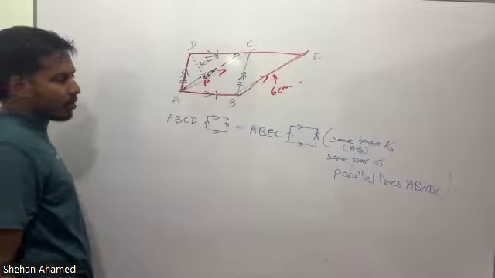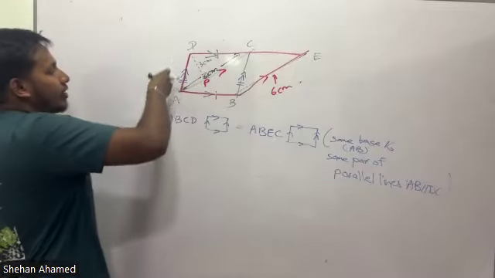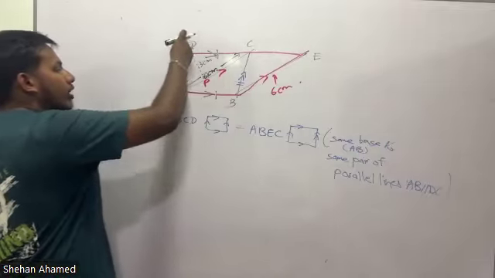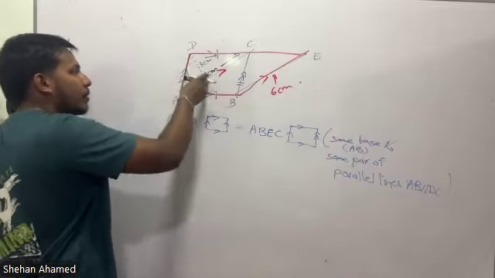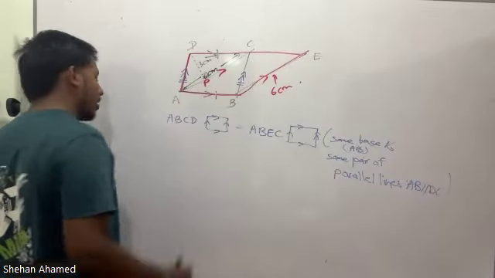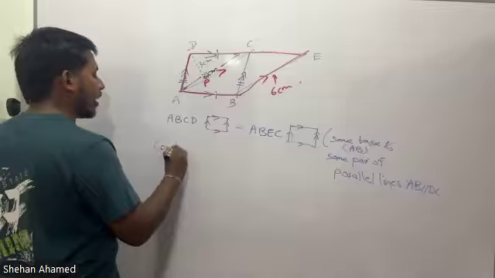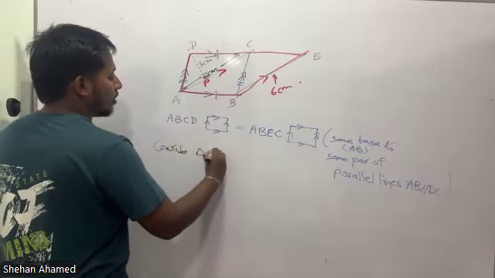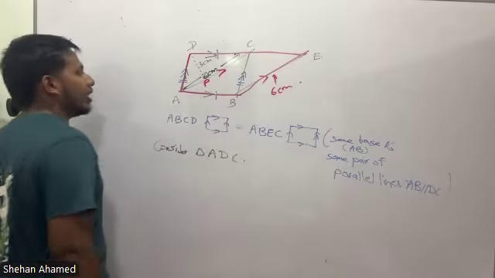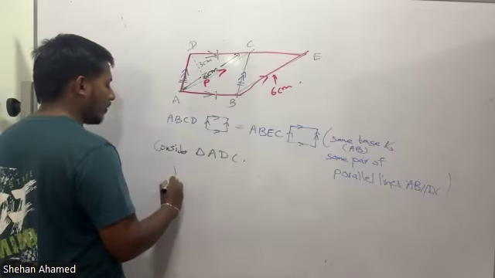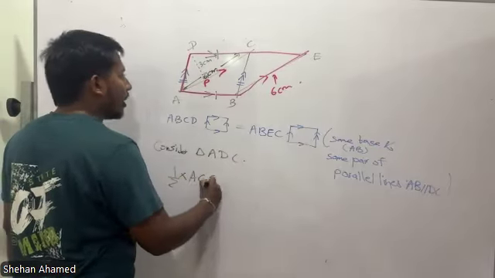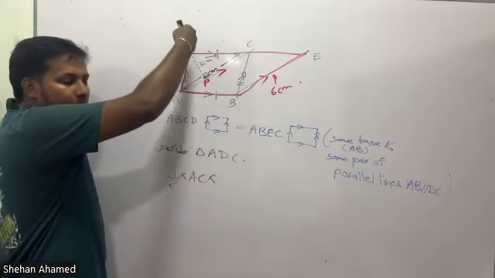If this is 6, you can find the area of this triangle, because the perpendicular height is 3 centimeters and the base is given as 6 centimeters. Now I'm going to consider triangle ABC. When I consider triangle ABC, area is half into base, where the base here is AC and the perpendicular height is DP.